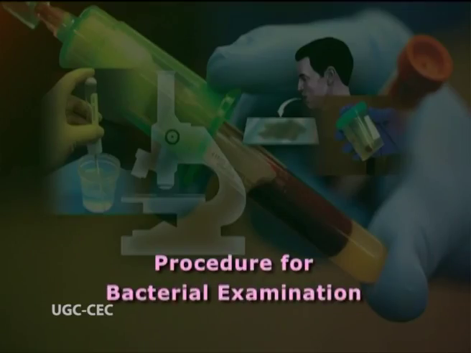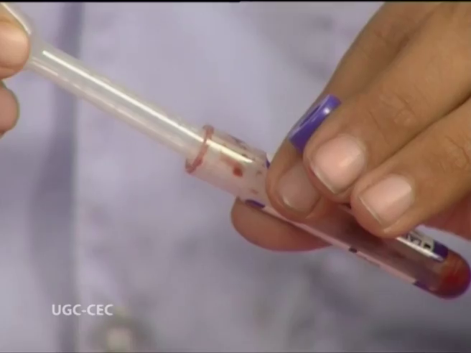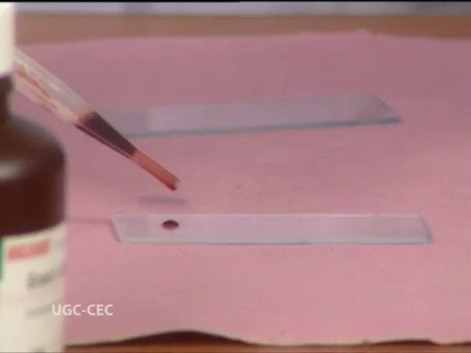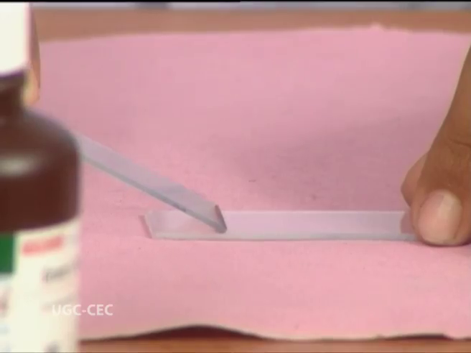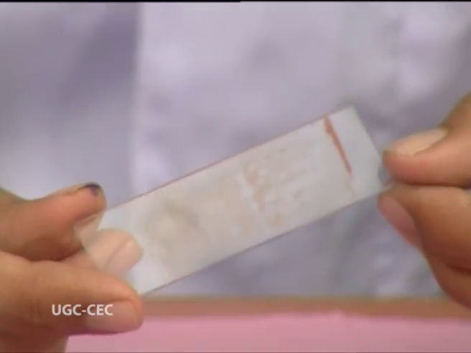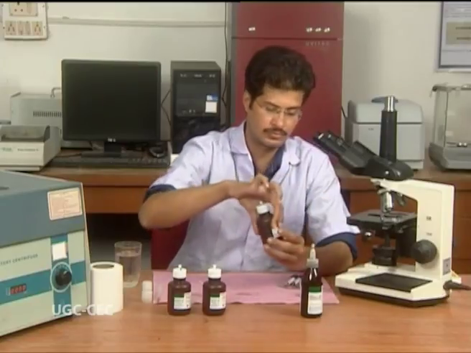Procedure for bacterial examination. Take a blood fluid on a slide and make a smear. Dry and stain with Gram's stain.